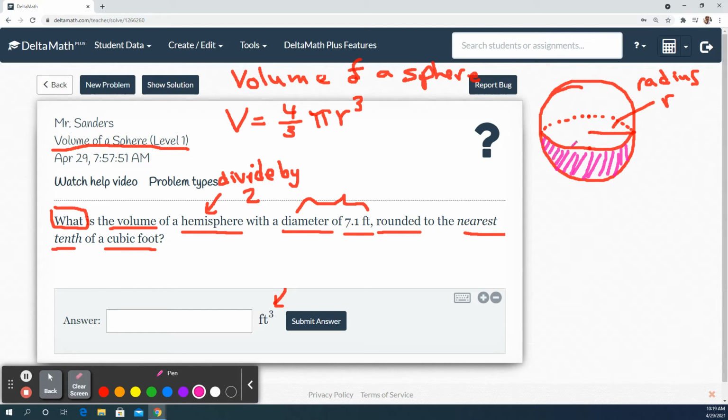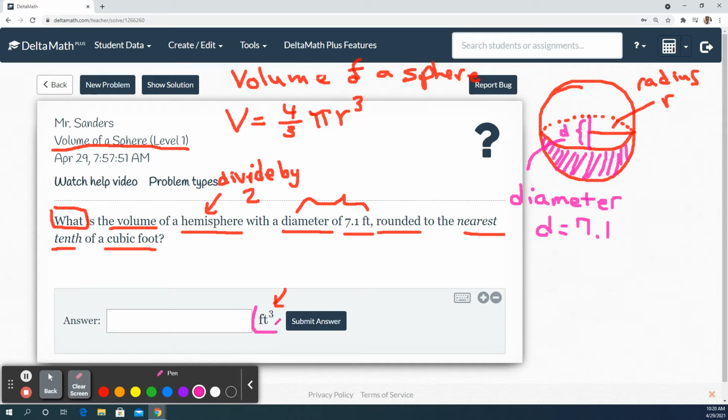They gave us the diameter. The diameter would be the whole thing, so I'll draw it this way maybe. Even though it looks smaller, it would be twice the distance of the radius. So there's our diameter, and the D is equal to 7.1 feet.